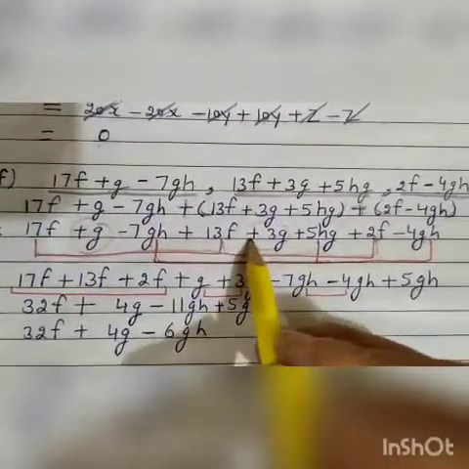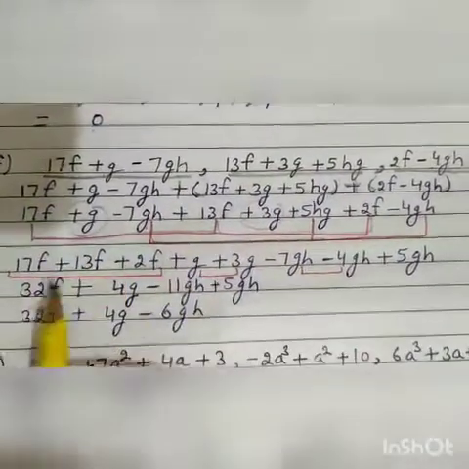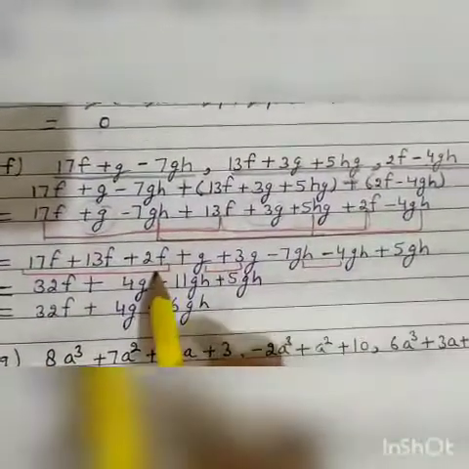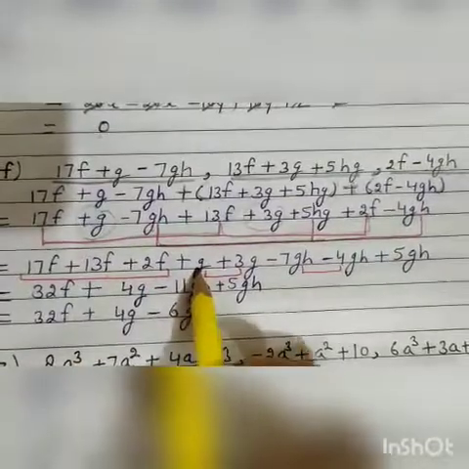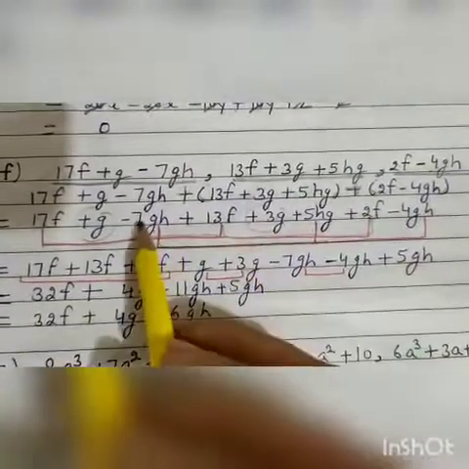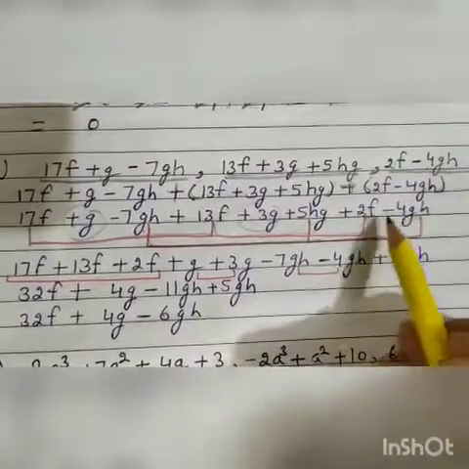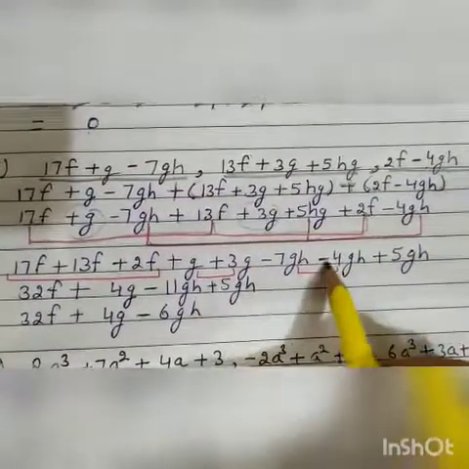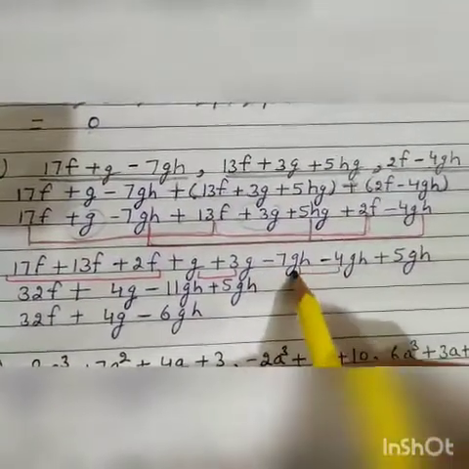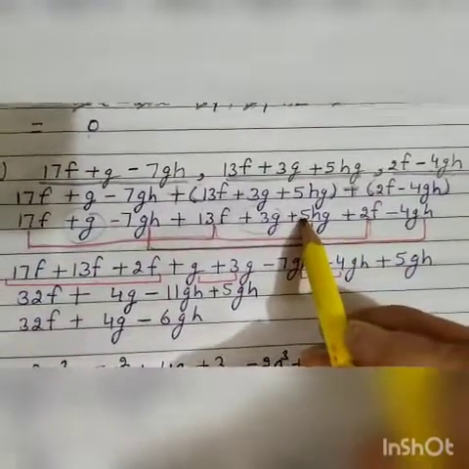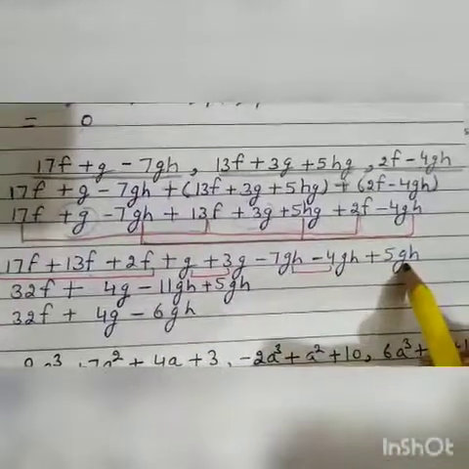These are like terms. So we will write these like terms together. 17f plus 13f plus 2f plus g plus 3g minus 7gh minus 4gh. We have put the negative terms first, then plus 5hg. We can write this 5hg as 5gh.